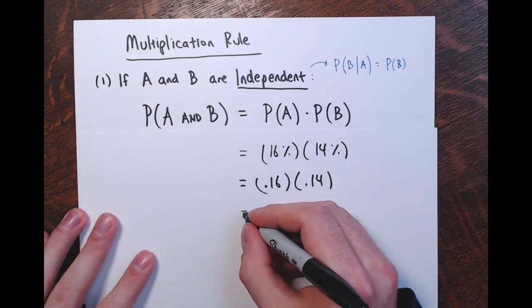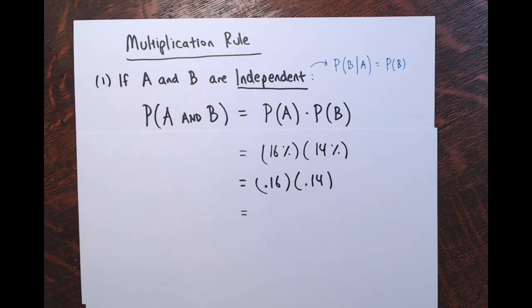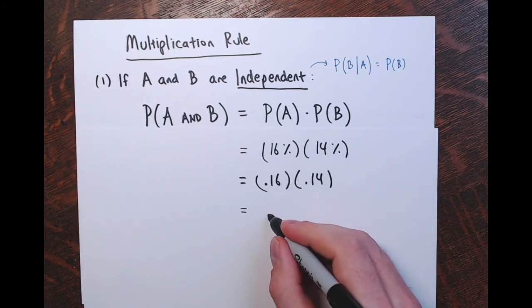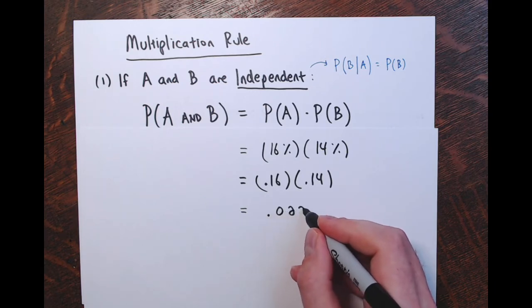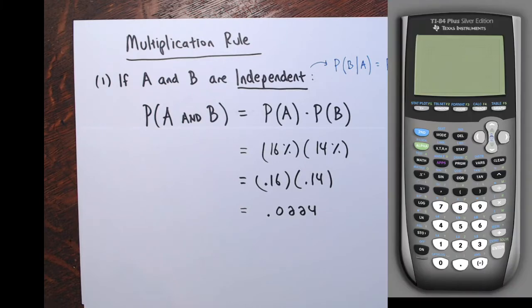Now 16 times 14 is I believe 224. But then we move the decimal place to the left 4 places, so this is 0.0224, I'm pretty sure.